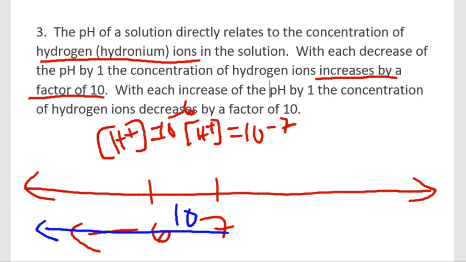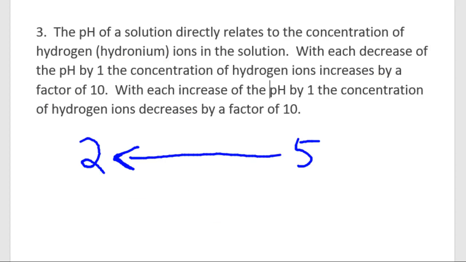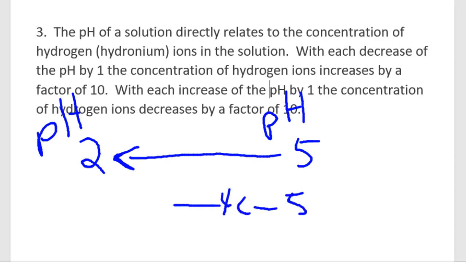Well, 10 times 10 means that it increased by a factor of 100. Let's say we start with a pH of 5, and now we're going down to a pH of 2. Well, in this case, we went from 5 to 4, 4 to 3, and 3 to 2.